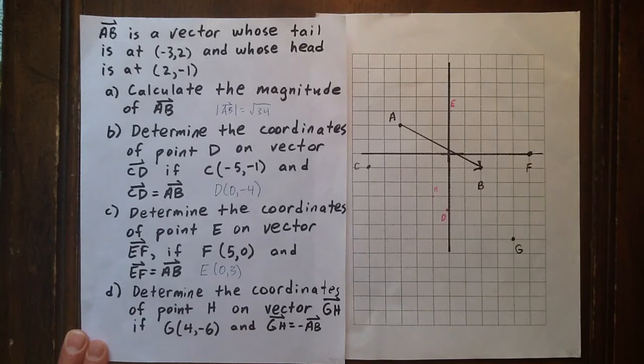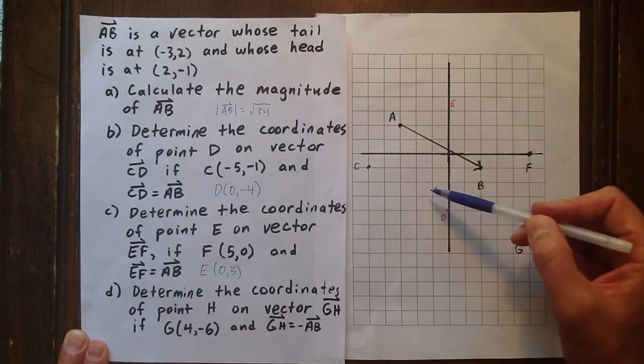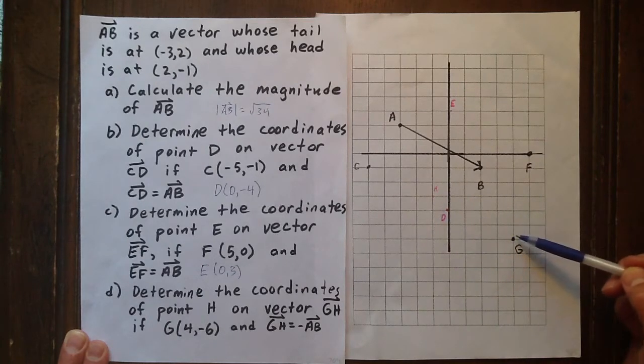And finally, we want to know the coordinates of point H on this vector if G is 4, -6 and GH is -AB. Well, this is almost like giving us the ending point, thinking of it that way. G is 4, -6. Now, 4, -6 is here. Now, GH is going to be -AB.